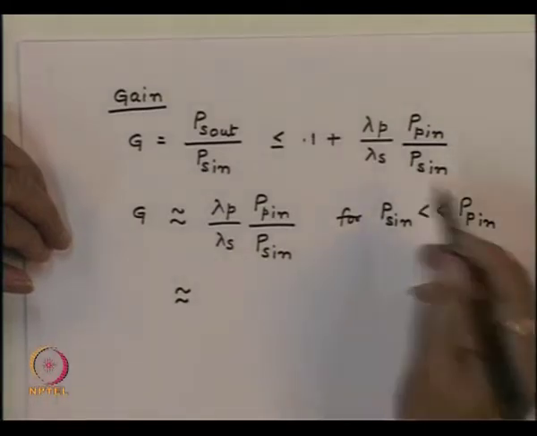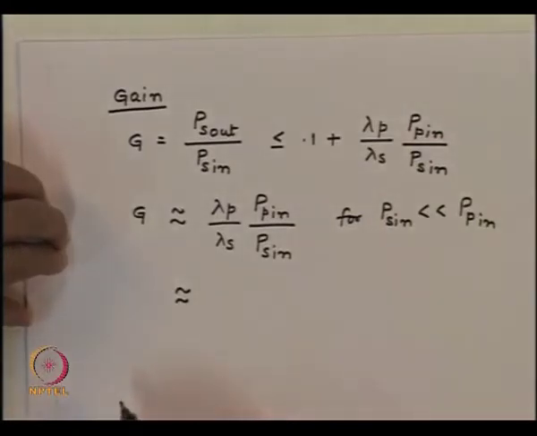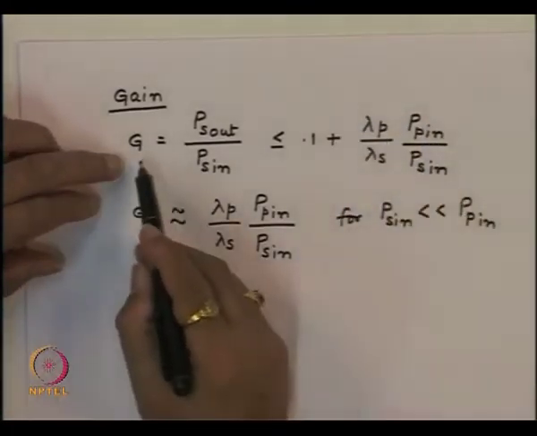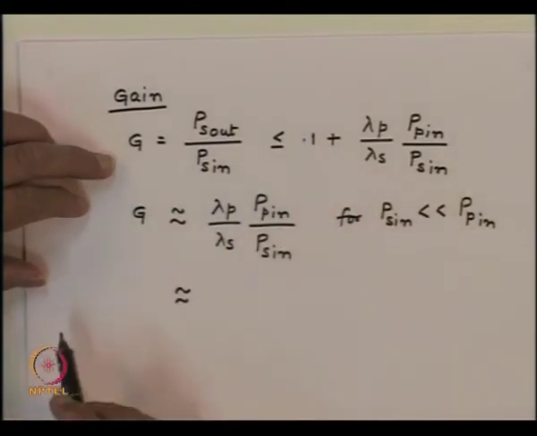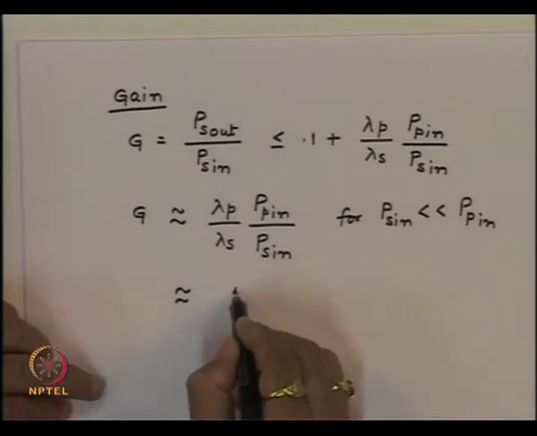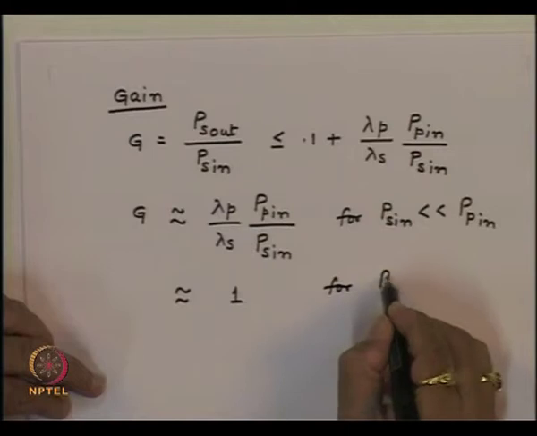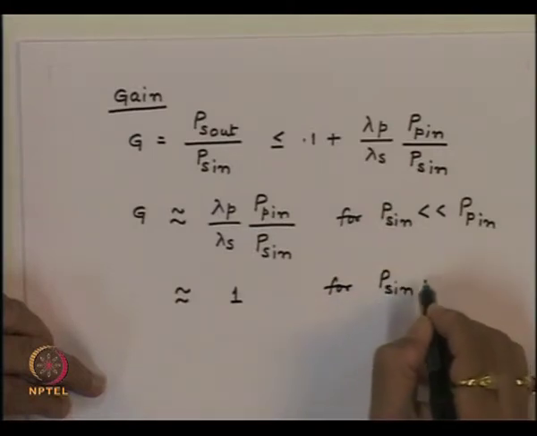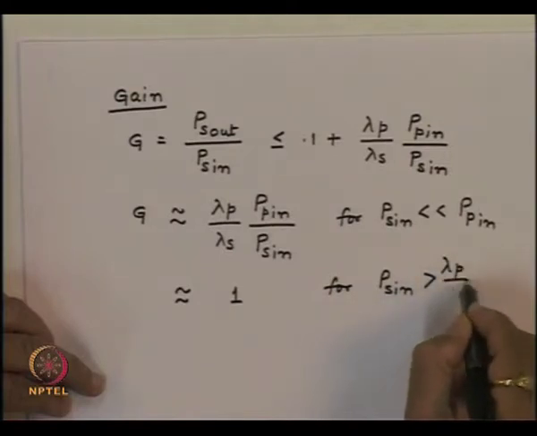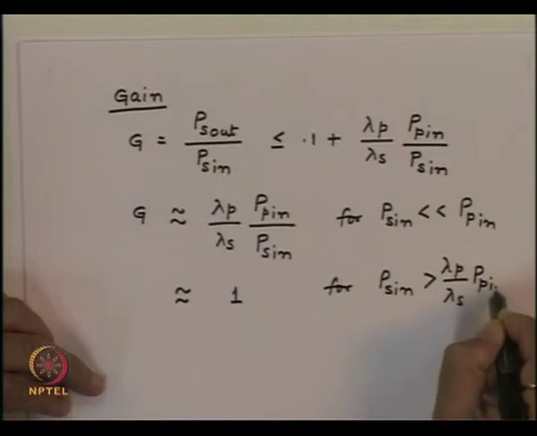So if you take another situation where the signal power is larger compared to the pump, that time this factor will be very, very small and the gain essentially will go to 1, or 0 dB. So this will be approximately equal to 1 for P_signal,in greater than this quantity, which is lambda_P upon lambda_S times P_pump,in.